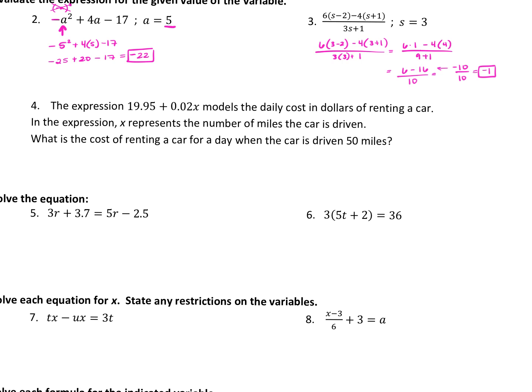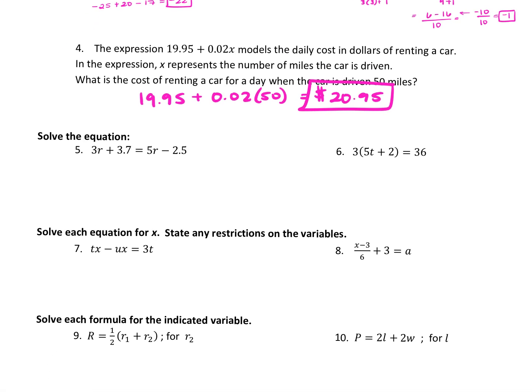So if you have this expression, it's just a matter of plugging it in. 19.95 plus 0.02 times 50. And if you just plug that into your calculator, you get $20.95.